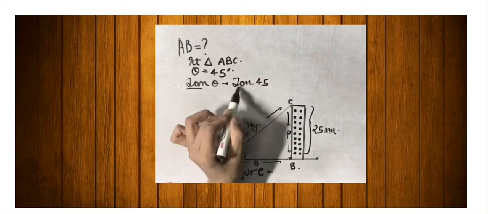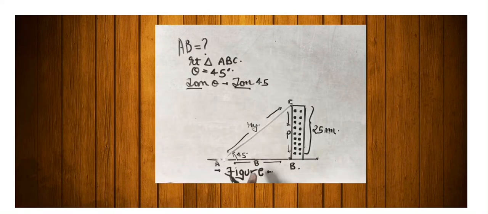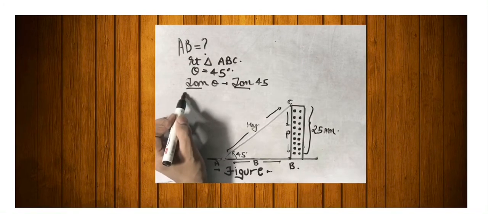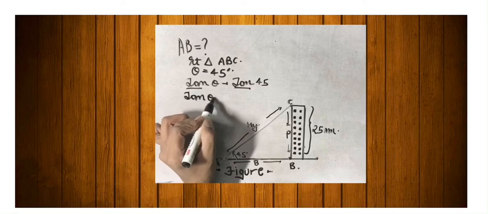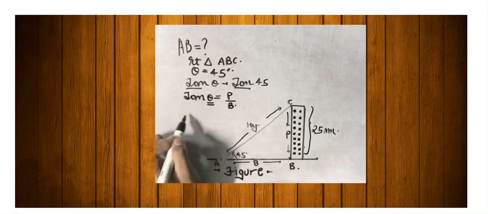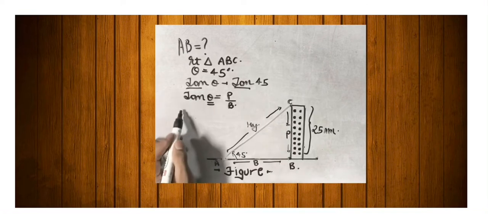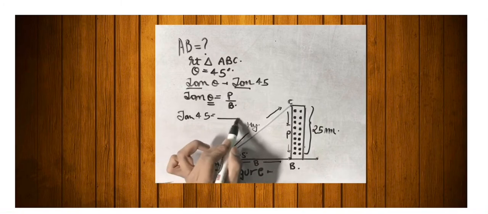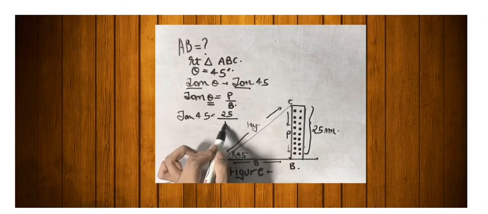Now we have taken tan here because we are required to find the base, and the formula in which the base comes is perpendicular upon base, and that is the formula of tan theta. As we know, tan theta is equal to perpendicular upon base. Now we will replace the values of all these things. Tan 45 is equal to 25 upon B, that is base.